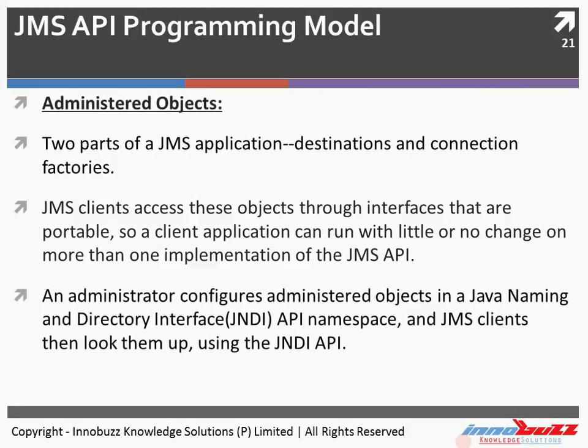An administrator configures the administered objects in a Java Naming and Directory Interface. JNDI plays a very important role in these administered objects by providing lookup and binding for these objects to provide the services for the service providers. Therefore, JMS clients look them up in the JNDI namespace using the JNDI API.